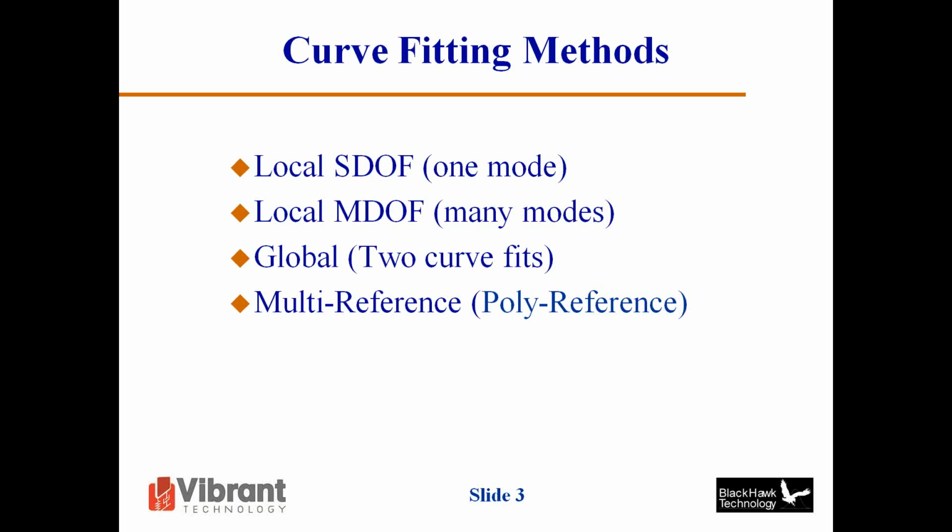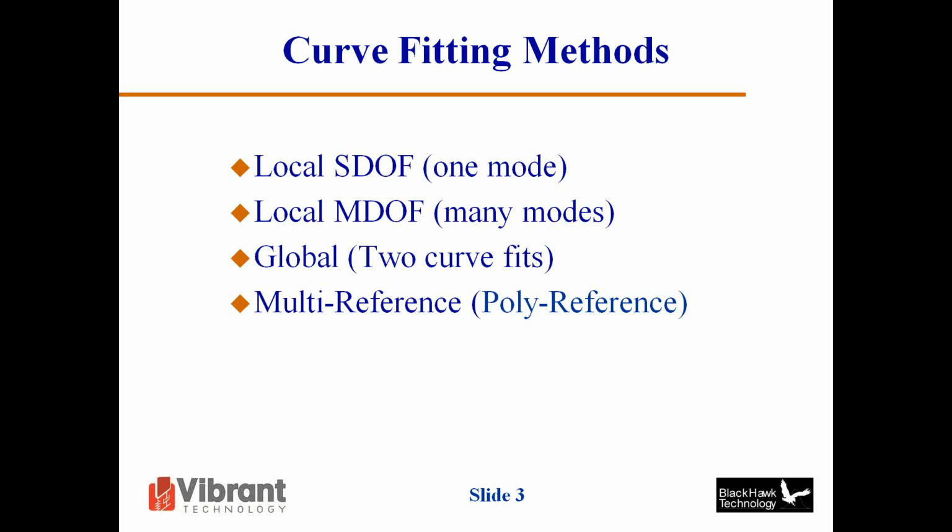First, it curve fits all of the FRFs to obtain frequency and damping, and then secondly, using the frequency and damping estimates, does a second curve fit to get the residues. Now, the residues are assembled or saved into a shape table, and those are the mode shapes.